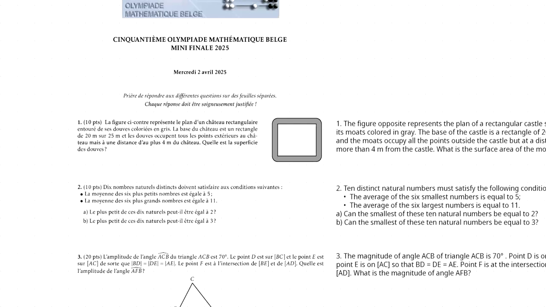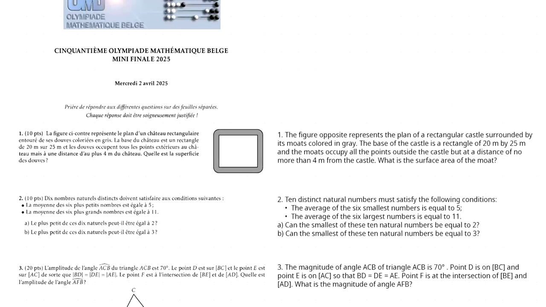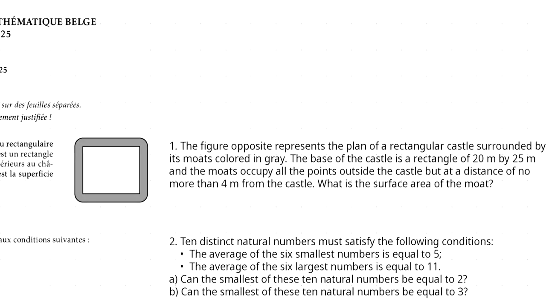The first question is something about the areas. It states that this is the figure, this is the plan of a castle and a moat around this castle. Actually, the castle has a shape like a rectangle, 20 meters by 25 meters, and the width of the moat is 4 meters.